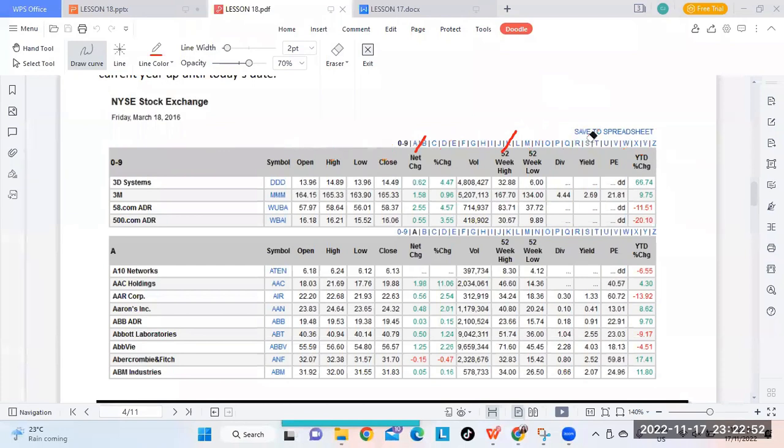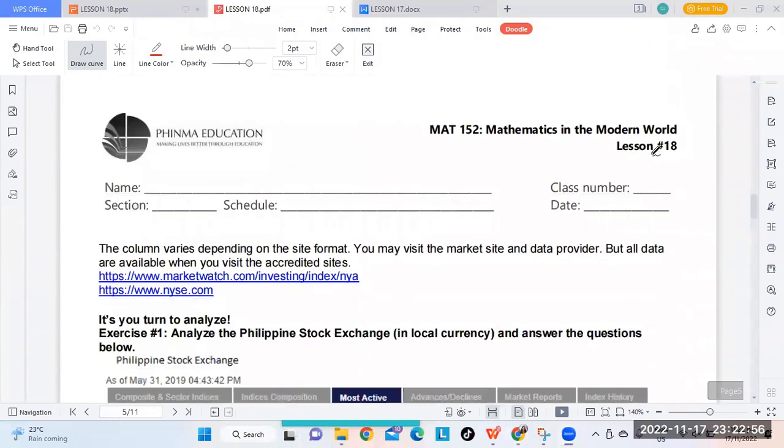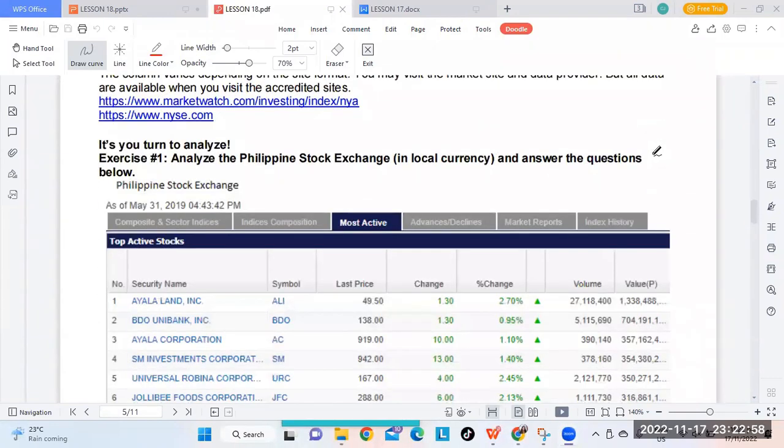Okay, erase na natin. Let's proceed to exercise number 1. It's your turn to analyze. I-guide ko kayo kung paano siya sagutan. Exercise number 1, analyze the Philippine Stock Exchange in local currency and answer the questions below.